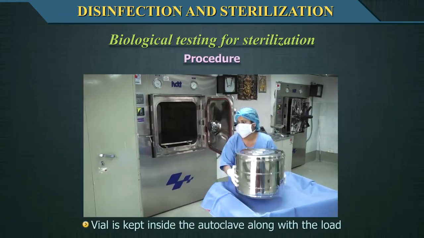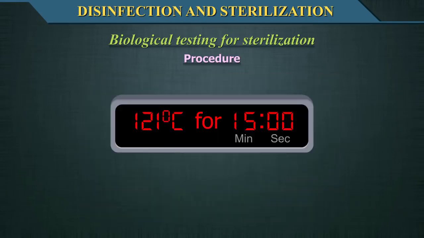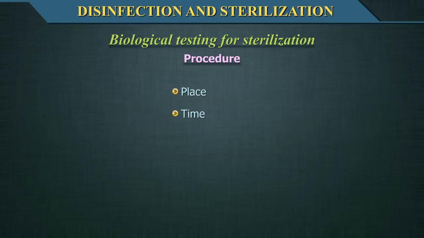Procedure: the vial is kept inside the autoclave along with the load. After completion of the sterilization cycle, that is, at 121 degrees Celsius for 15 minutes, the vial is brought to the microbiology laboratory along with a filled form, which includes information about the place, time, holding period, and type of load.